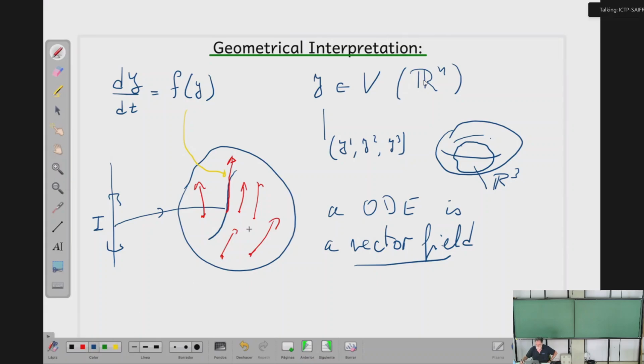So if you take any point here, there will be a vector passing here. So I look for a curve such that when I move along the curve, the velocity vector always coincides with the vector field. So that's an ordinary differential equation.